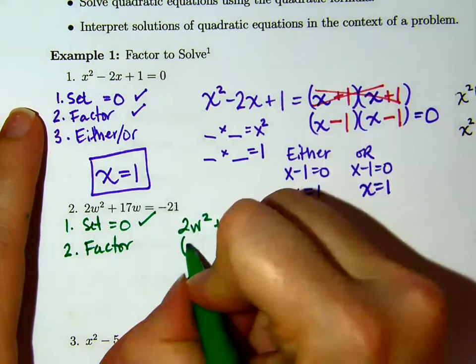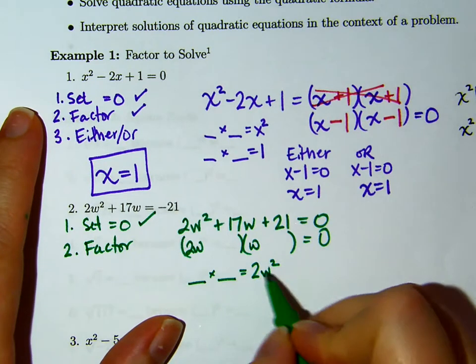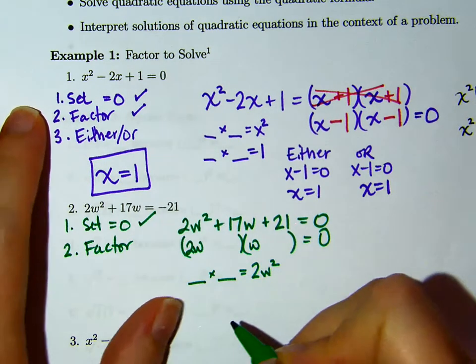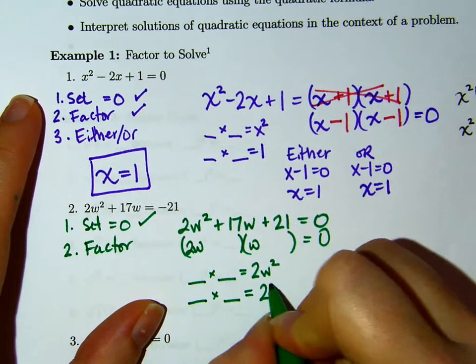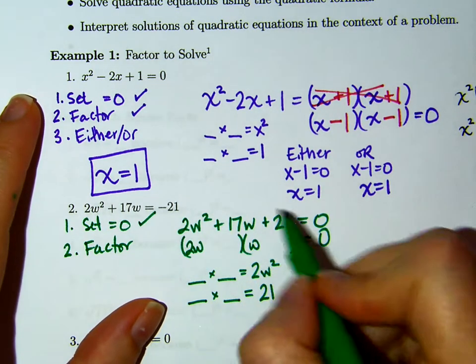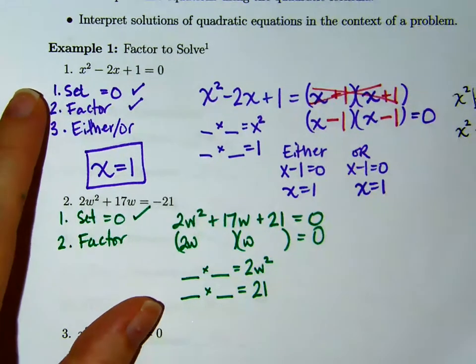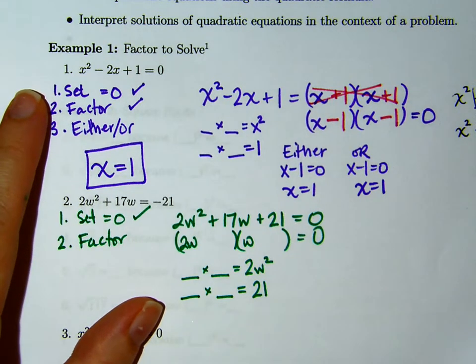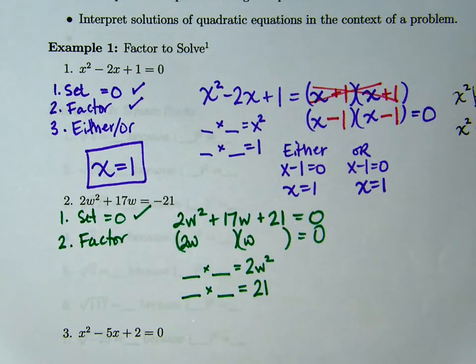And that to me is 2w times w, because there's a w by w in here. And then we also know that something times something else is 21, and there's positivity all around. So maybe 3 and 7? 1 and 21, 3 and 7. I'm going to start with my initial guess of 3 and 7.